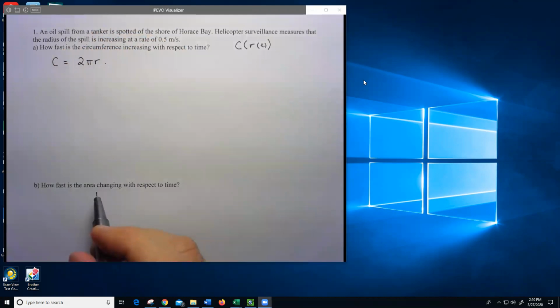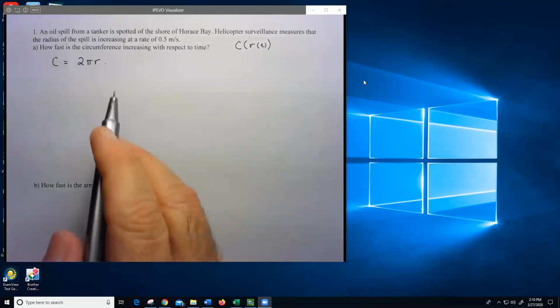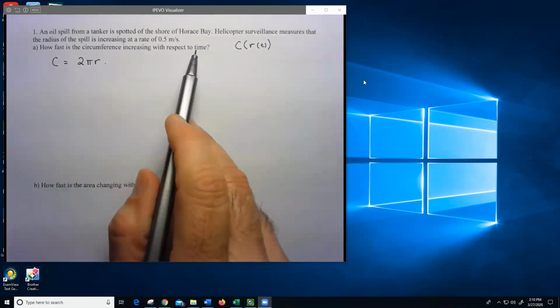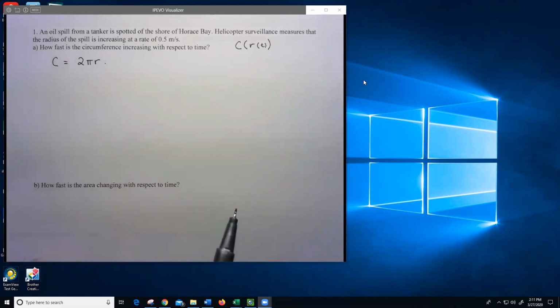But here we're not interested in calculating circumferences, like we were when we were doing this example for composite functions. We're actually looking for, it says, how fast is the circumference increasing with respect to time? So what is it that I'm looking for? And maybe we can use the more common name for what I'm looking for and the more mathematical name, okay?